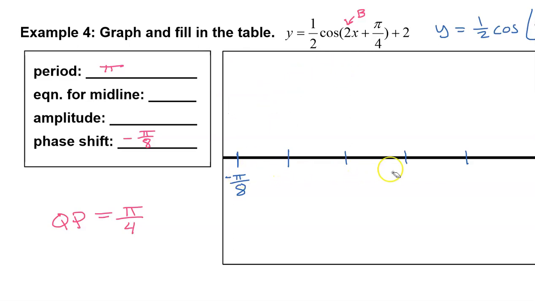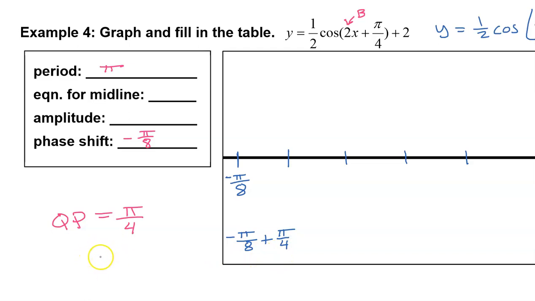Because each one of these marks represents a quarter of the period, if I want to find the next value, I can find it by adding a quarter period to the previous value. So I'm starting here with negative pi over 8, but I want to add a quarter period. I want to add pi over 4.